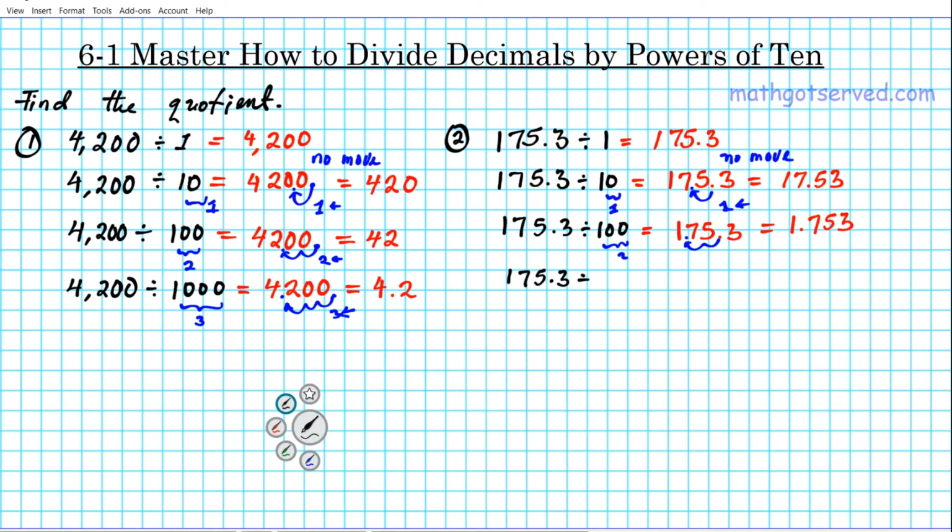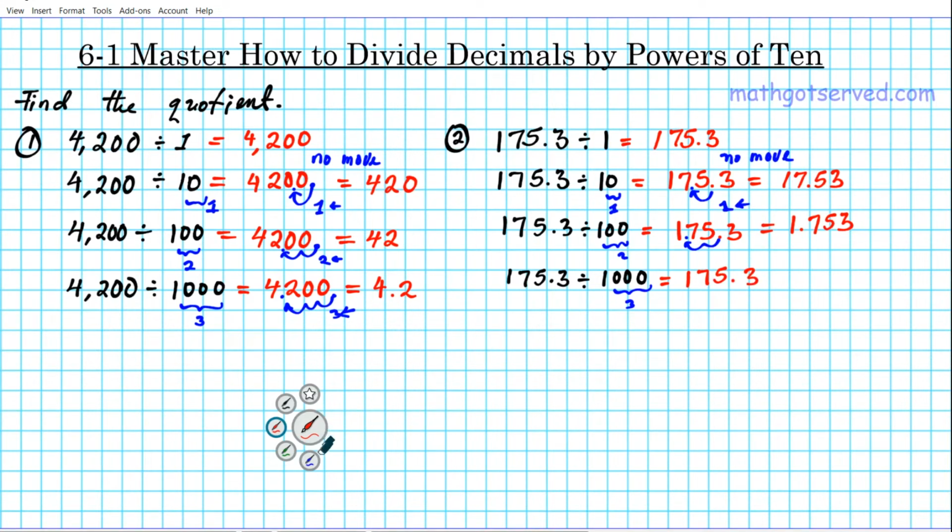175.3 divided by 1,000. In this particular case, we're dividing by 1,000. There are 3 zeros we're dividing, so the decimal point will be moving to the left. Original dividend, 175.3.